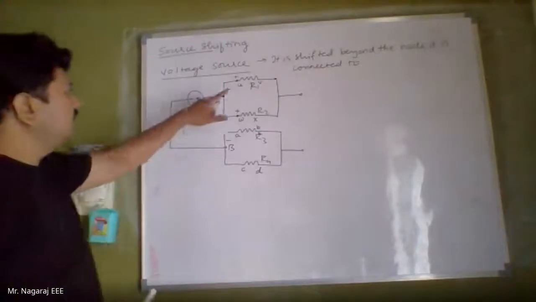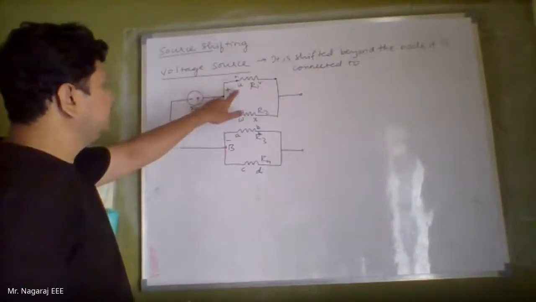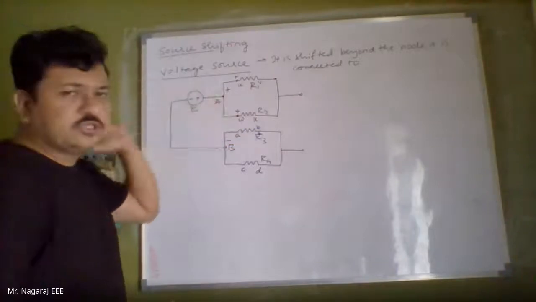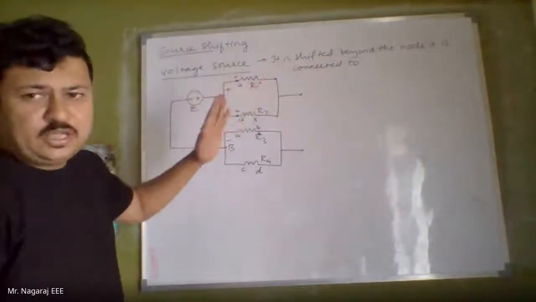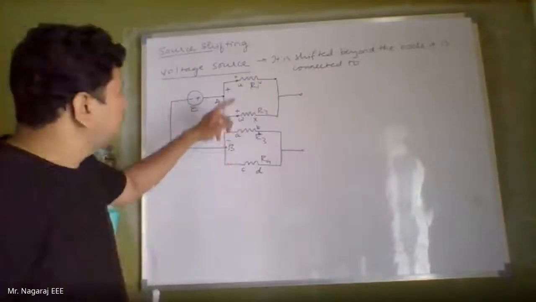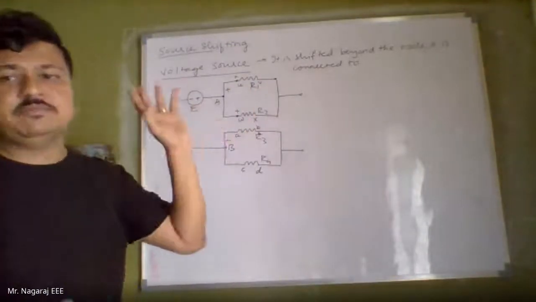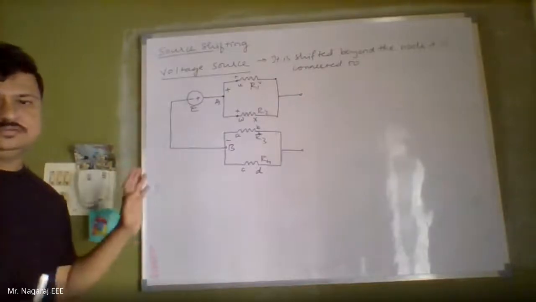Now the terminal U of R1 is at positive potential, terminal W of R2 is at positive potential. When I shift the source beyond node A, the polarities of U and W should be the same. That I should take care.